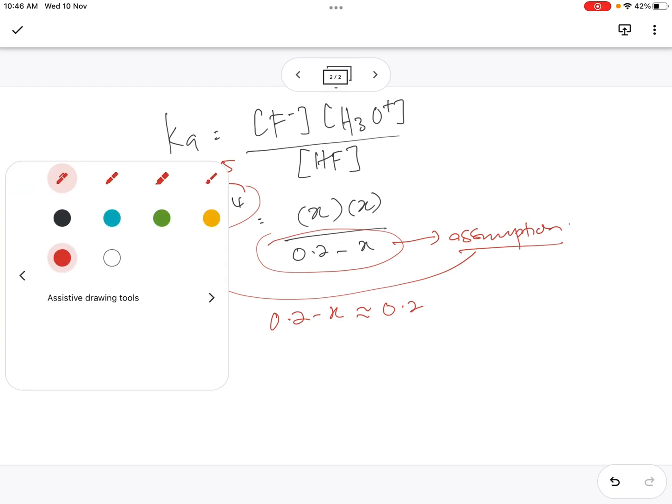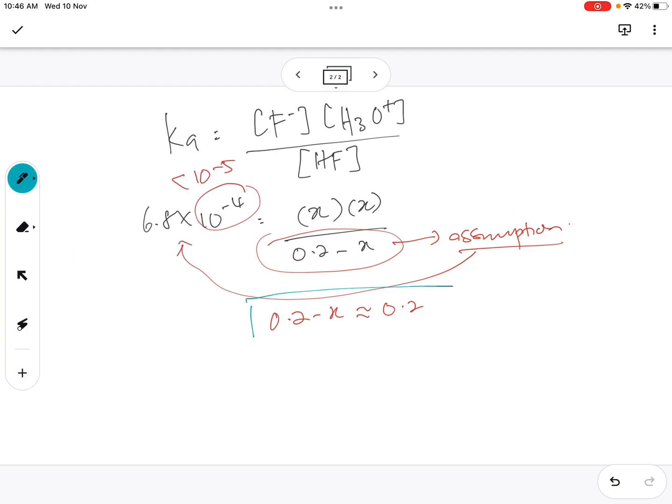This is the assumption we are going to do. So our calculation changes: 6.8 times 10 to the power negative 4 equals X squared divided by 0.2. We find the value of X, let's find it together.